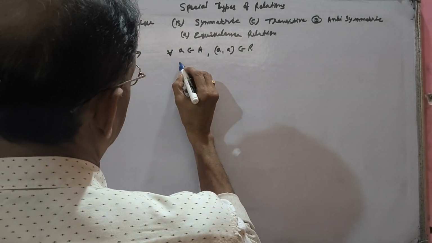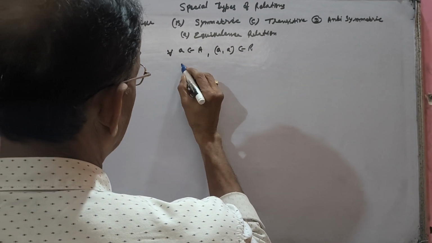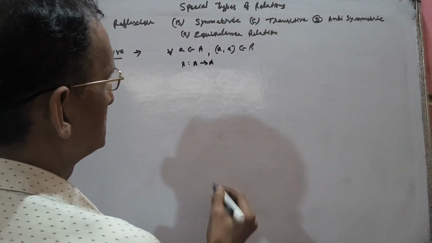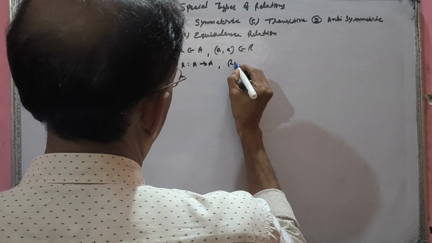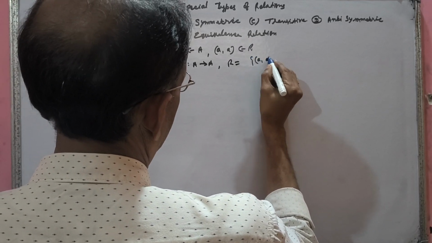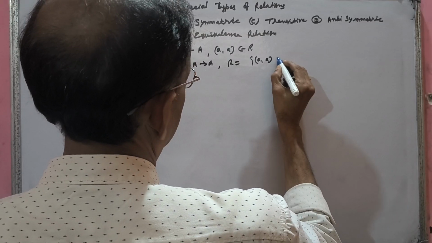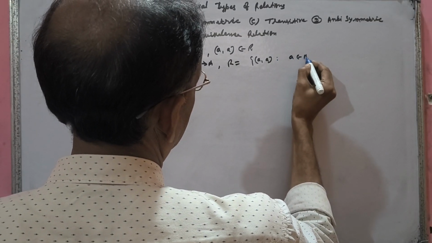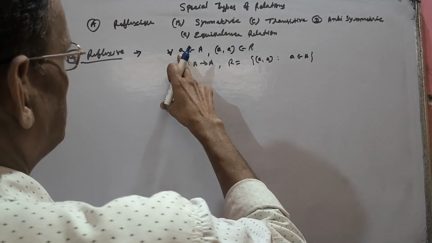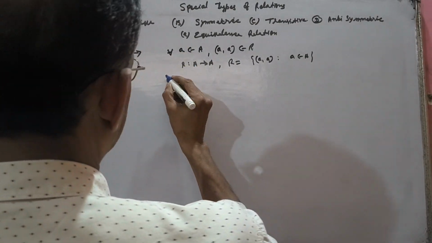Or for the sake of writing, let R be a relation, and R equals the ordered pairs (a, a) such that a belongs to A. For every element, see the example.